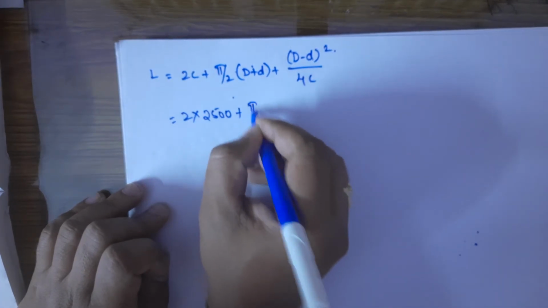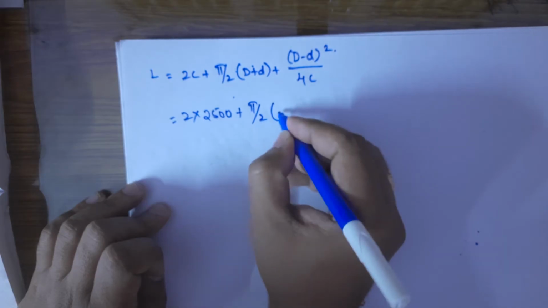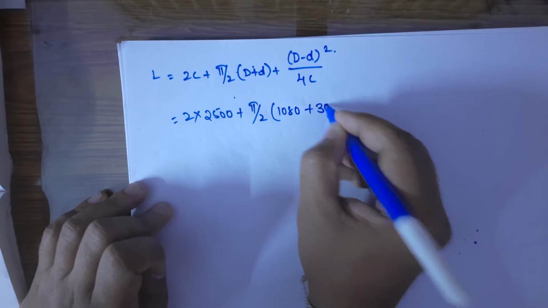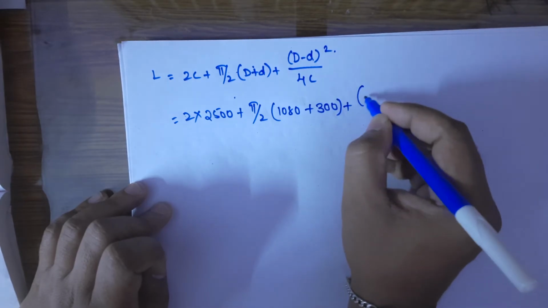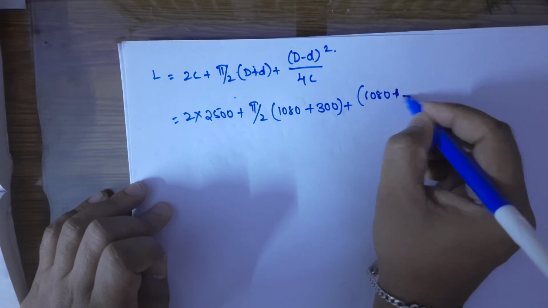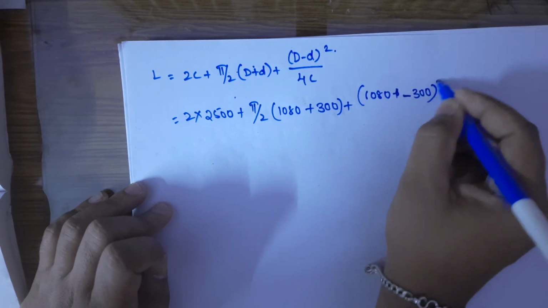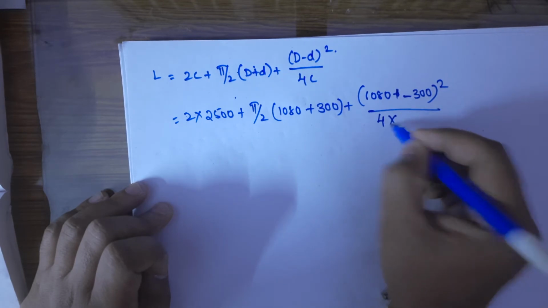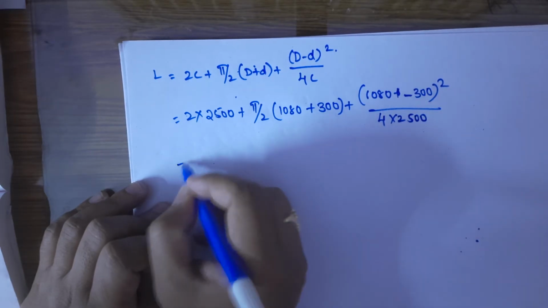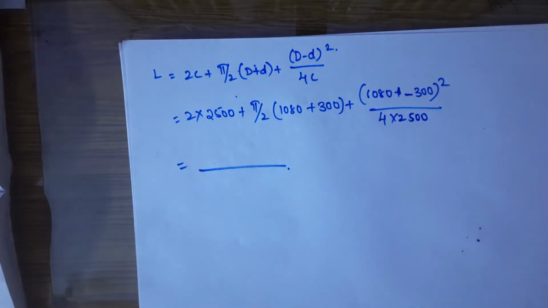So L is 2 into 2500 plus pi by 2 into (1080 plus 300) plus (1080 minus 300) square by 4 into 2500. So we will be getting the length value.